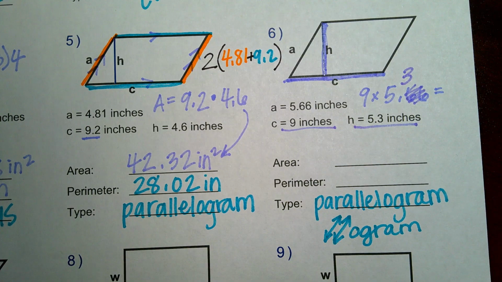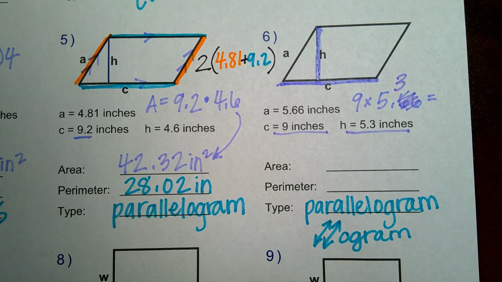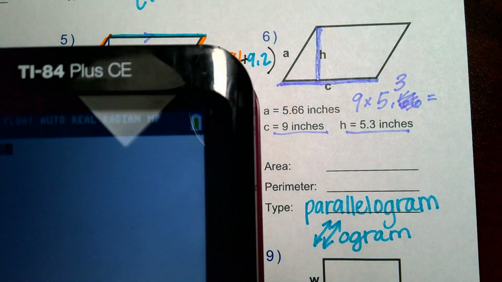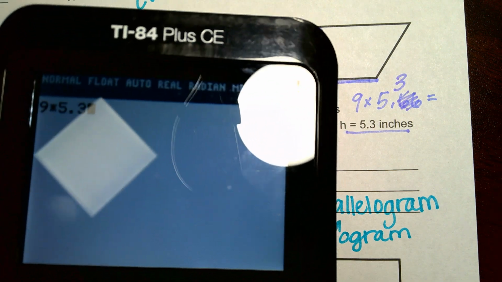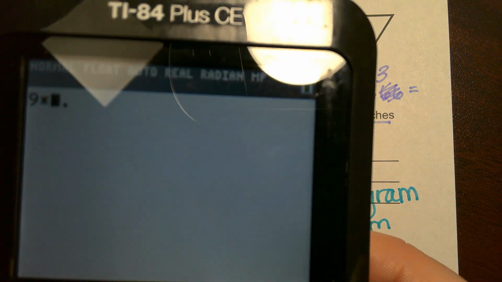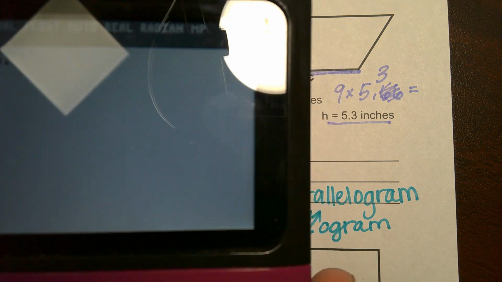Oh, that's wrong. That's why. Oh, shoot. 9 times 5.3. I got 47.7. Yeah.